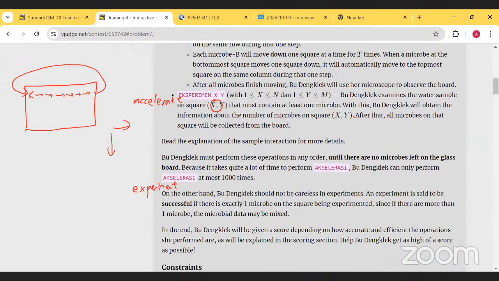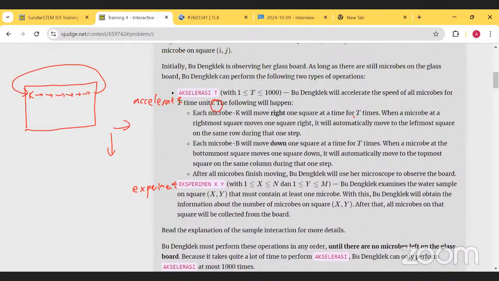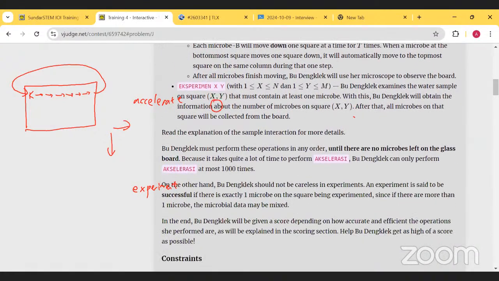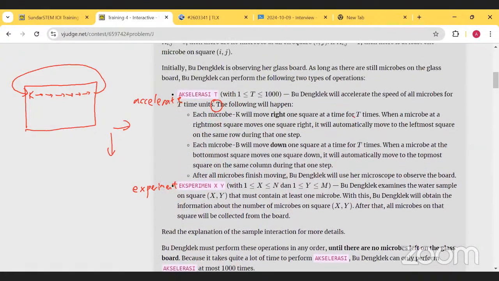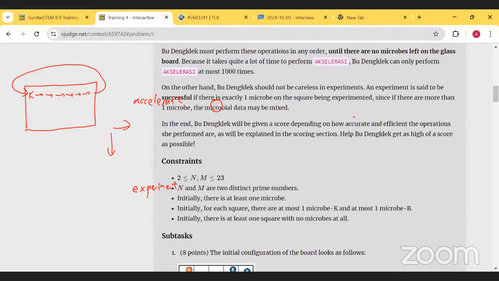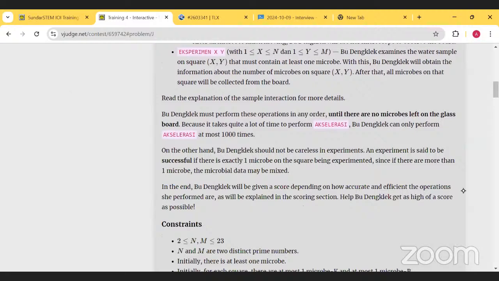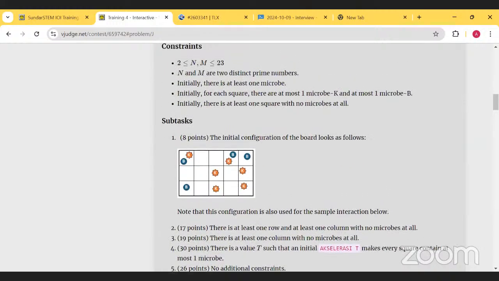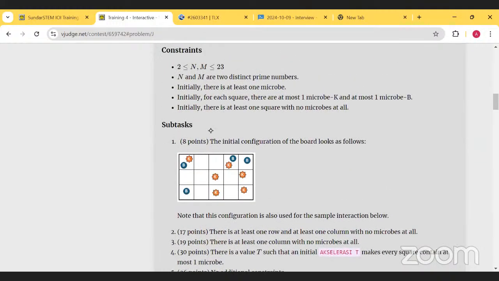We can only accelerate 1,000 times, but we may do experiments as much as we want. But note that each time we do an experiment, there should be at least one microbe here. Let's say we want to do an experiment in this position.